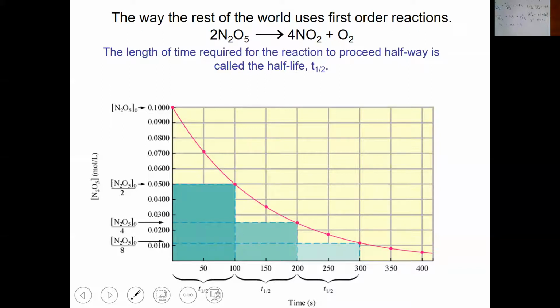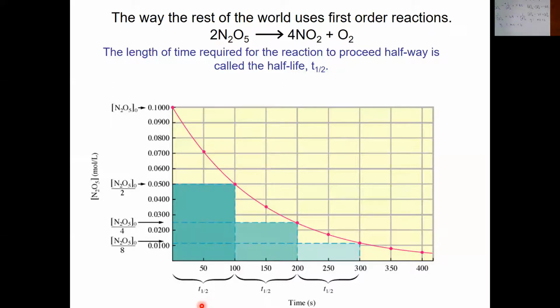So you could look at the half-life of this reaction. If we started at 0.1 molar, after some amount of time, I end up at 0.05 molar, half of my reactant has been consumed. This specific reaction took 100 seconds to get there. So the half-life of this reaction is 100 seconds.